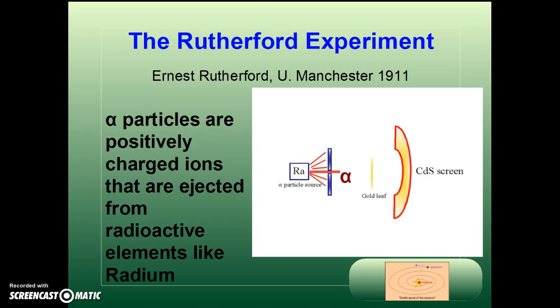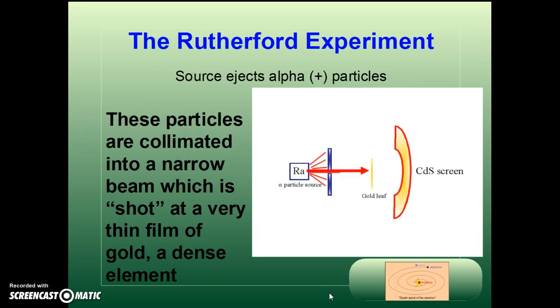They are ions, that is, positively charged particles, and radium and certain other elements will give them off. So what Rutherford did was he collimated them, that is, he projected a narrow beam of them, and he shot it at a very, very thin film of gold, just a few atoms thick. Gold, of course, is a very dense element.